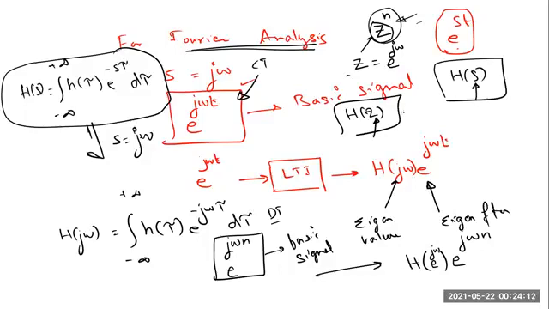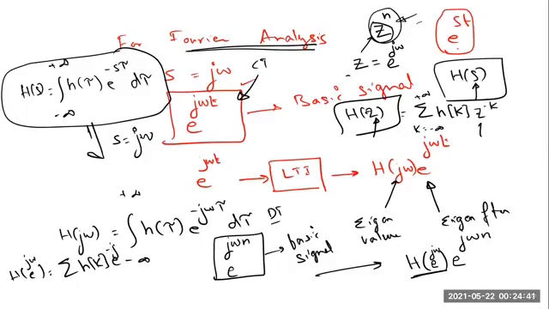And if you remember, H of z was equal to summation H of k, z to the power minus k, where k is from minus infinity to plus infinity. So what is the expression for this particular eigenvalue? It will be equal to summation H of k, and in place of z, I will write e raised to power minus j omega k, where k is from minus infinity to plus infinity.